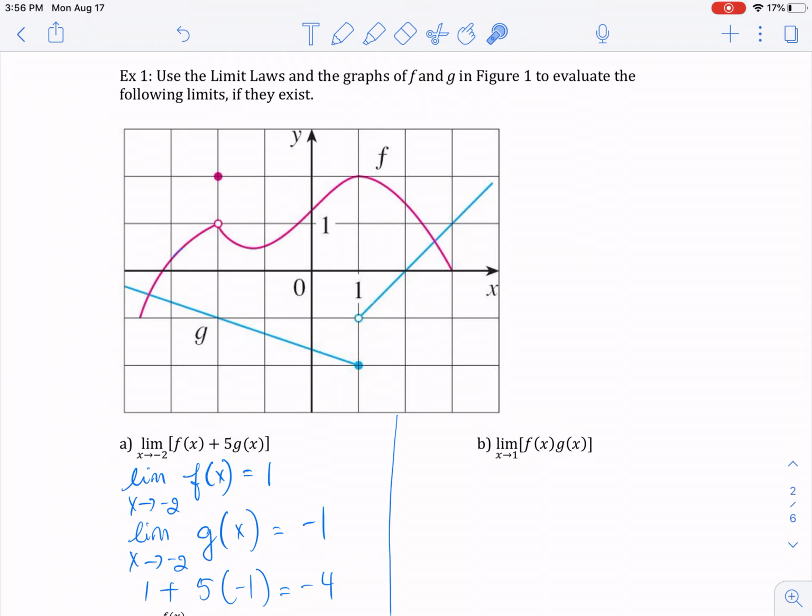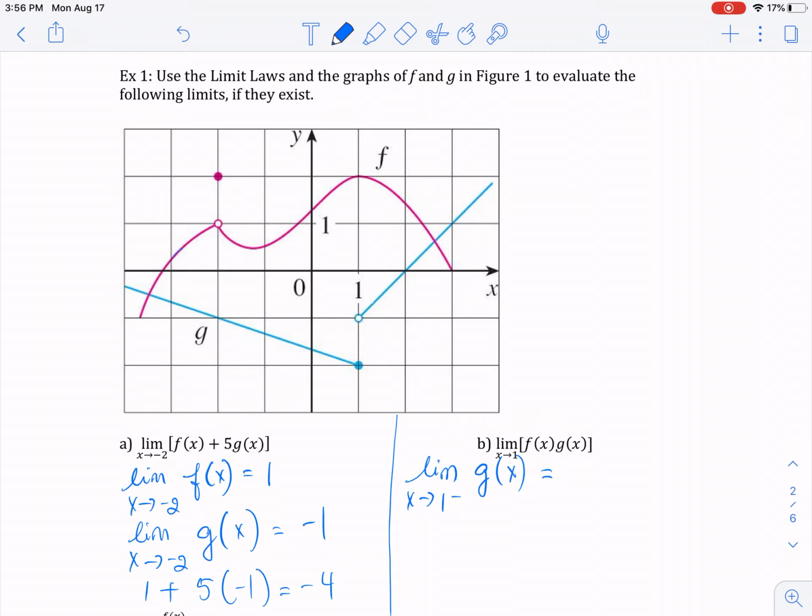The limit at x going to 1 from the left. For f, you can see it is really nice, but let's take a look at g.